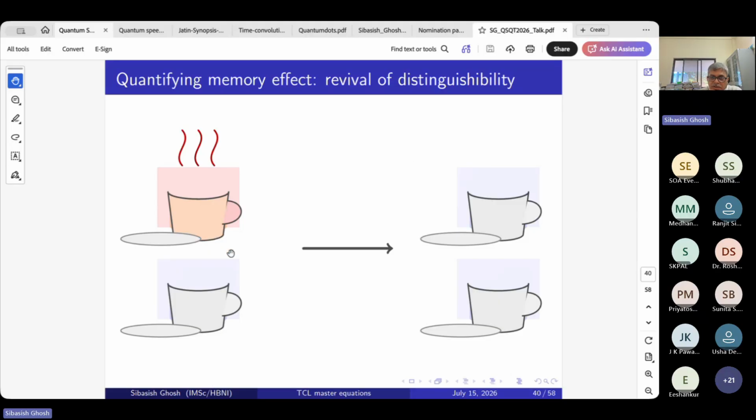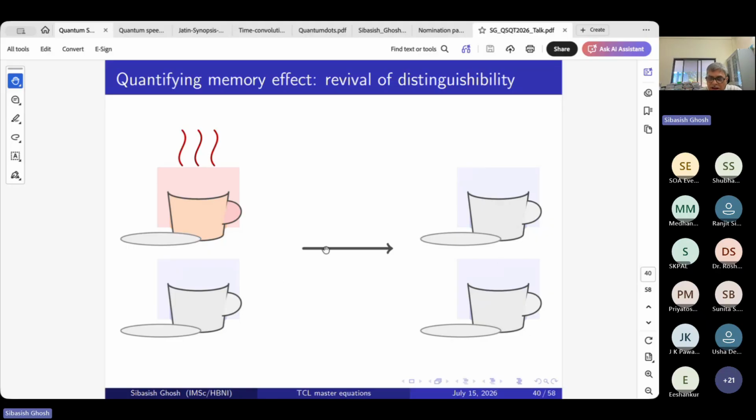Under these dynamics, you start with two different configurations of these teacups. Here you have the tea and here you don't. Ultimately, after they approach the steady state, they will become the same kind. There is no difference.